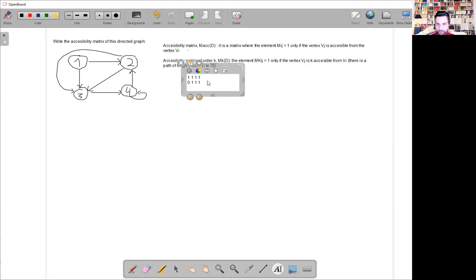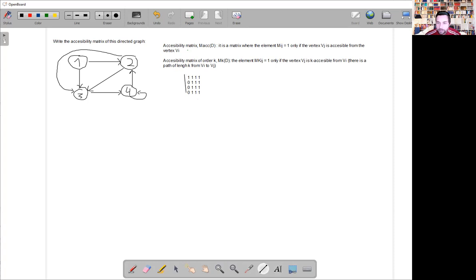Then we pass to the vertex 3. From 3, we cannot go to 1. We can go to 2 through 4. We can go to 3 because it's the same vertex. And we can go to 4 directly. And finally, in 4, we cannot go to 1. We can go to 2. We can go to 3 through 2. And we can go to 4, right?